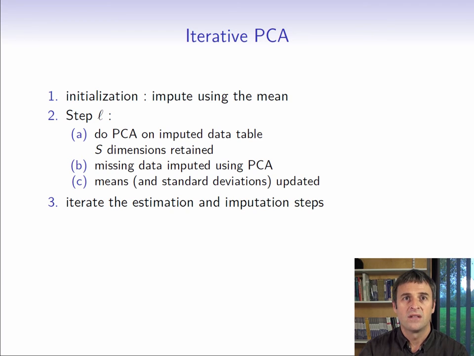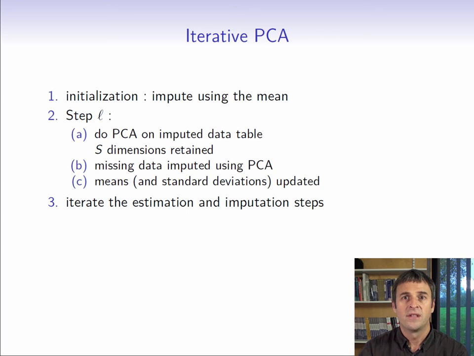Step A consists of doing PCA on the imputed table. We choose the number of dimensions we want to use to do the next update. In our example, we choose one dimension because we were constructing one PCA line. The choice of number of dimensions for helping to impute the table is an important one.